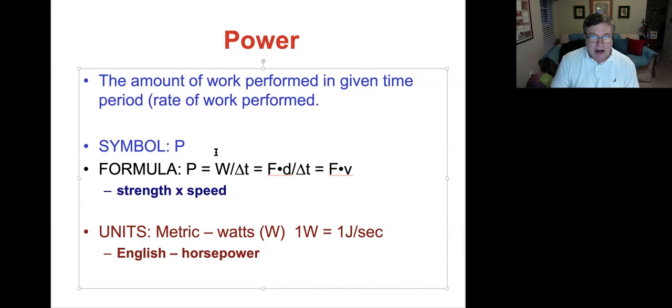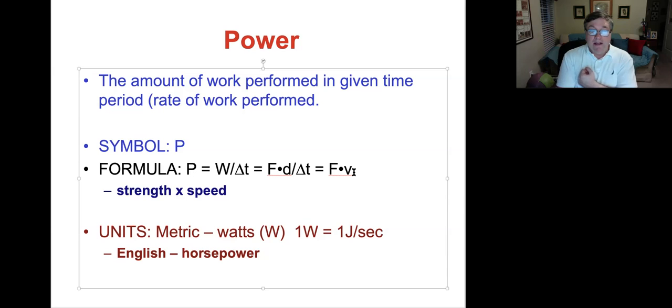Work divided by time or work rate. So it's force times distance divided by delta T, and that's equal to force times distance. So this is really a product or combination of strength and speed. That's what power is about. It's both. You got to be fast, but you got to be able to produce a lot of force.